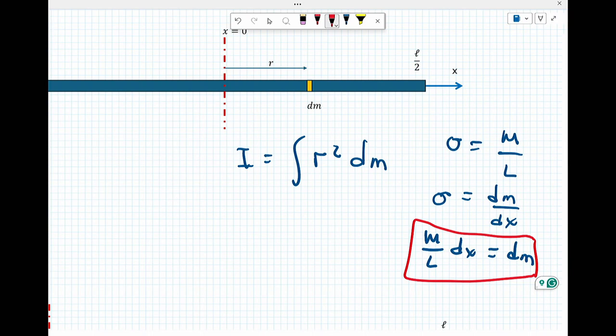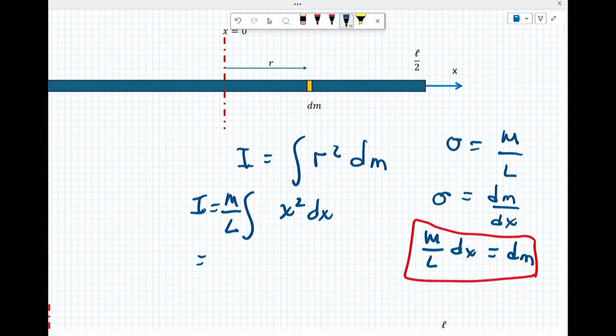So if I do that, I can say I is equal to the integral of m over L x squared dx.